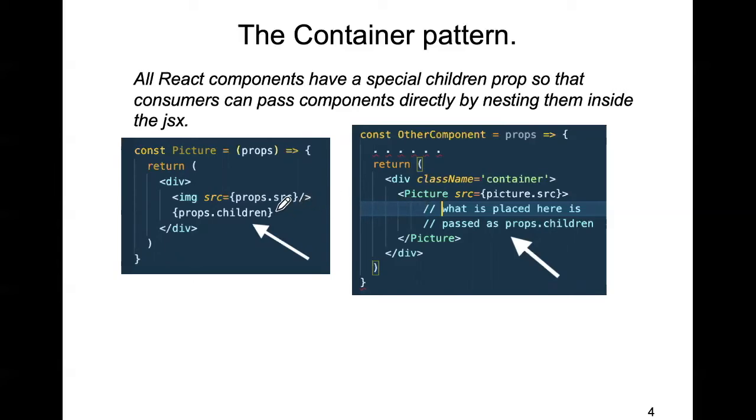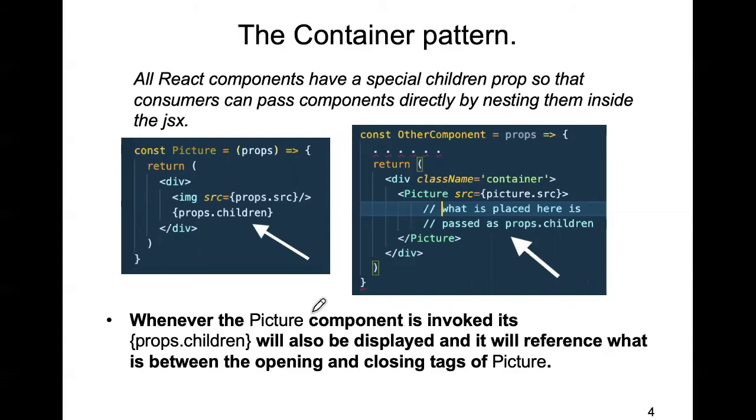And so the picture component will actually render this. So this consumer is instructing the picture component to render whatever JSX is here, as well as the picture component rendering the image. So that's this children prop. Whenever the picture component is invoked, its props.children will also be displayed, and it will reference what is between the opening and closing tags, as I've explained.